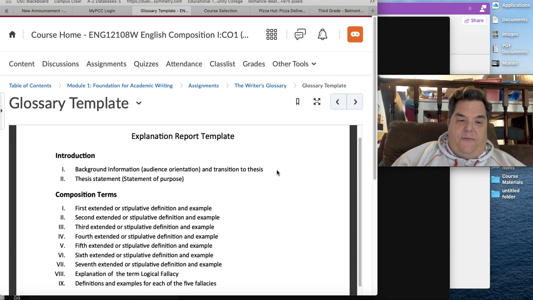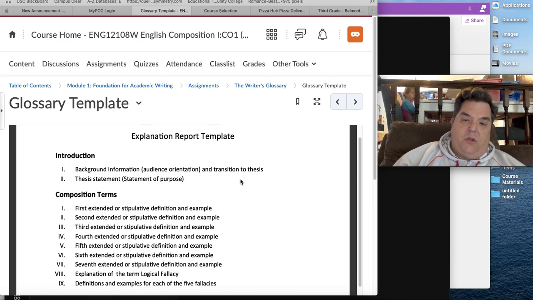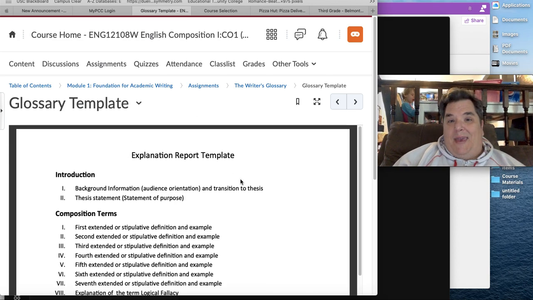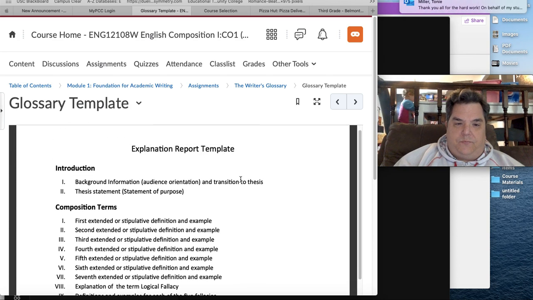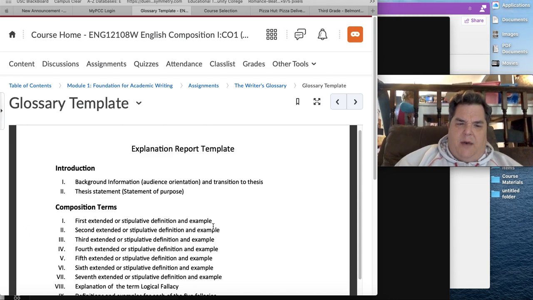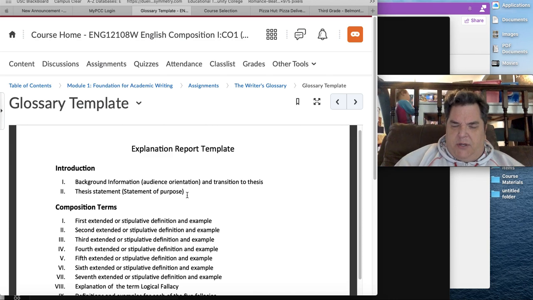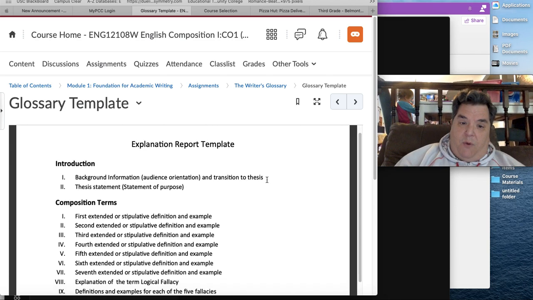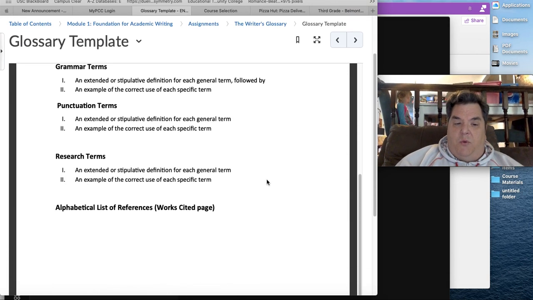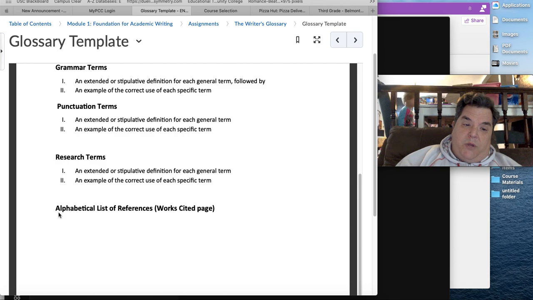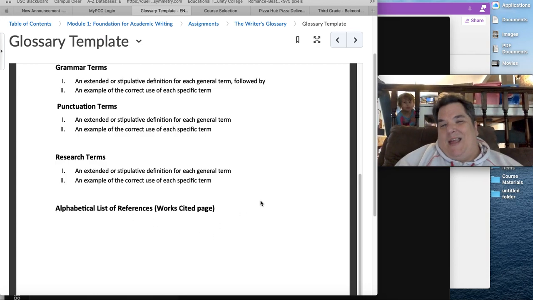So for the actual assignment, you may format this in any way that you want, and you don't actually have to have an introduction with a thesis statement in this particular case, but you can if you want. The reason I offer these is so that there can be some structure for those folks who want it.